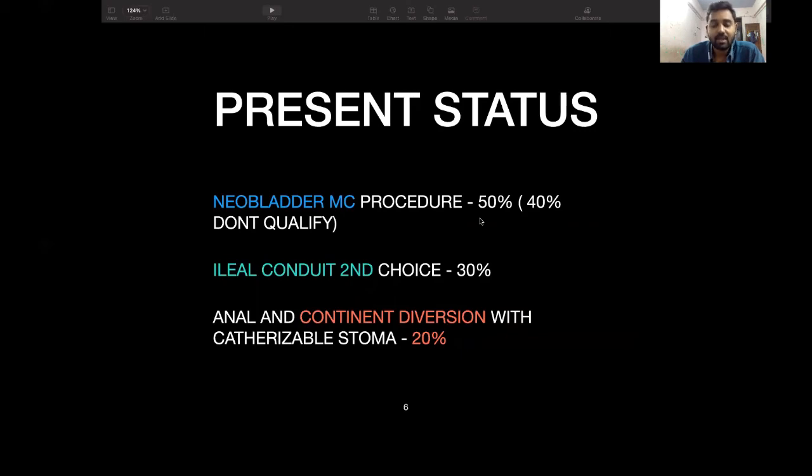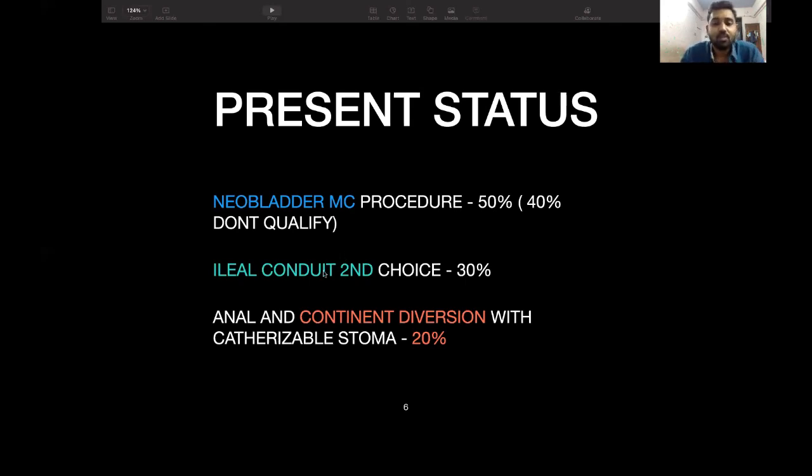But you should also understand that if you do radical cystectomy for CA bladder in 100 patients, 40% of the patients do not fall into the inclusion criteria for orthotopic neobladder. So what do we do? We have other choices. What are the other two choices we have other than the orthotopic neobladder? We have non-continent cutaneous diversion and also continent cutaneous diversion.